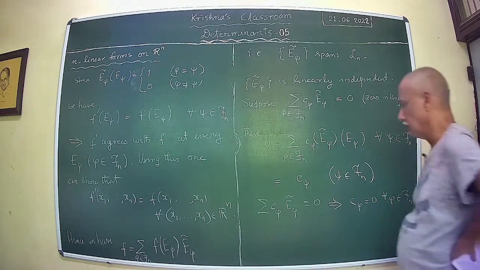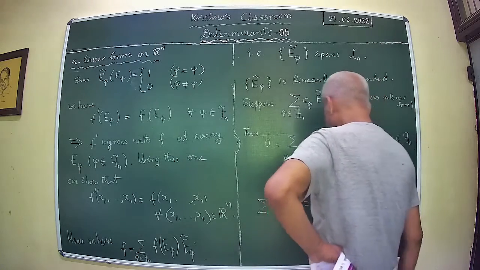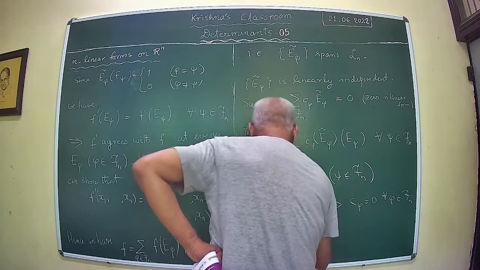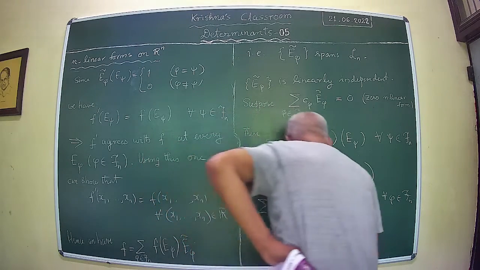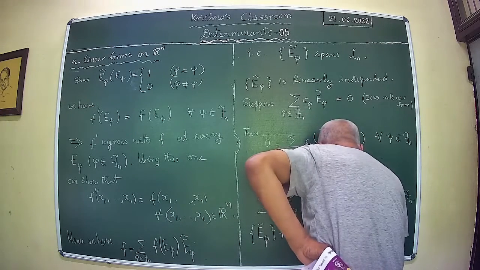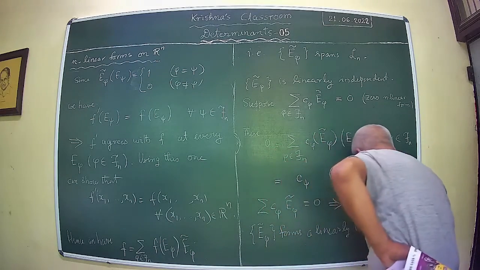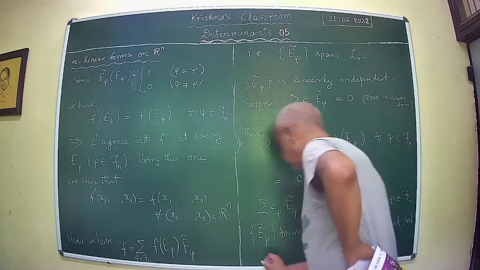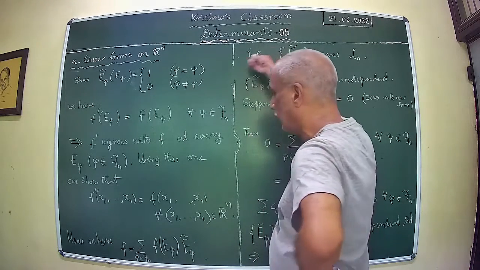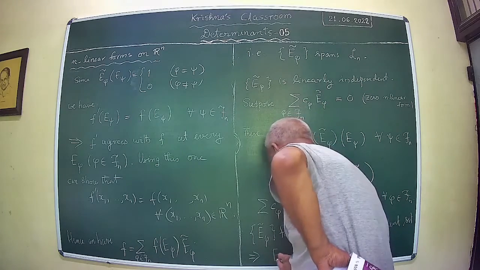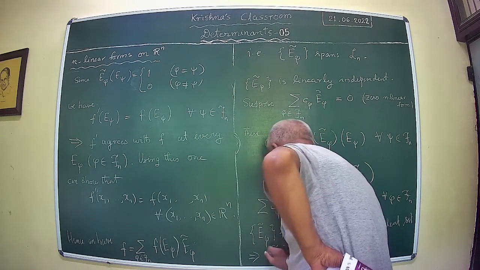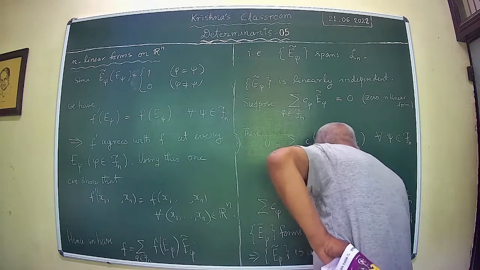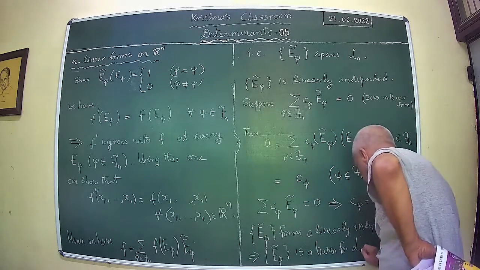So that shows that this collection is linearly independent and forms a basis. Therefore, together with the earlier part of this, we have E phi tilde is a basis for Ln.